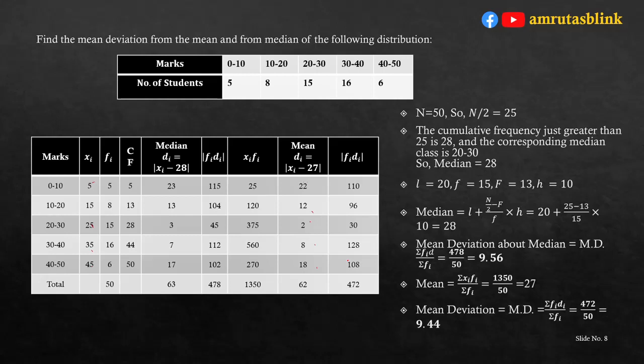Hence mean deviation is equal to summation fi di upon summation fi, that is 472 upon 50, which is equal to 9.44. Hence for the given data, mean deviation about the median is 9.56. At the same time, mean deviation about the mean is 9.44.